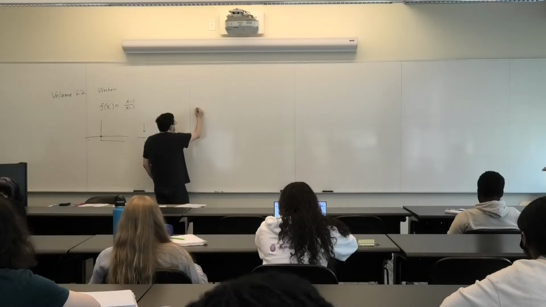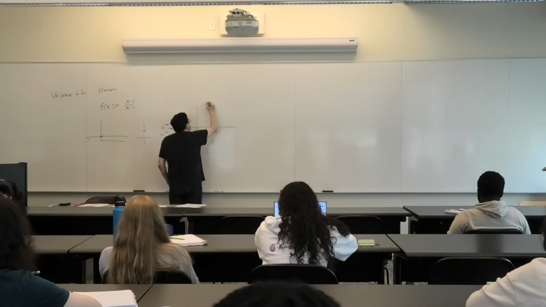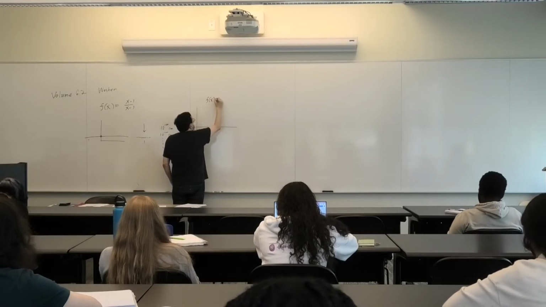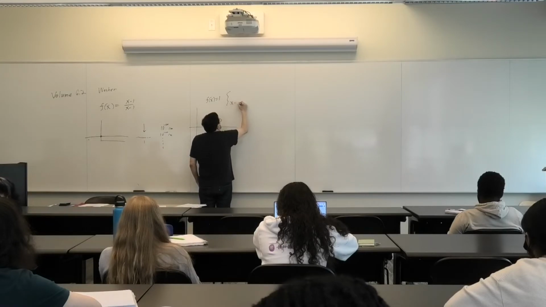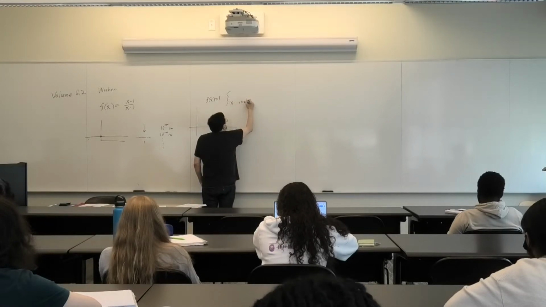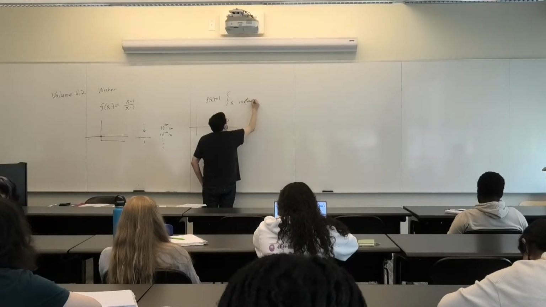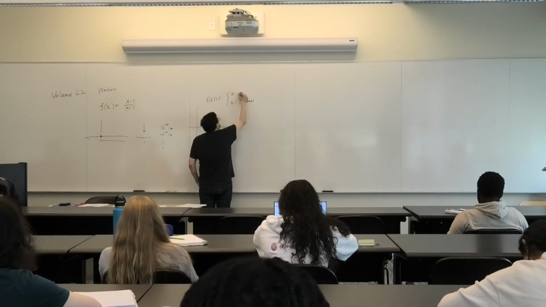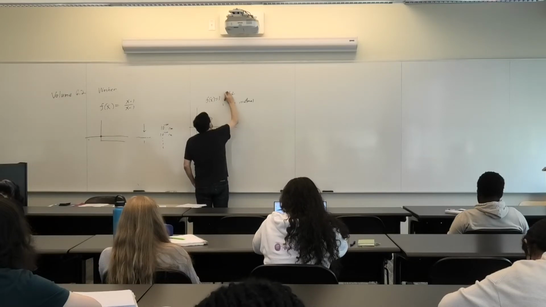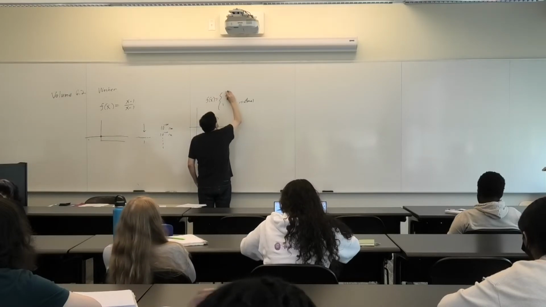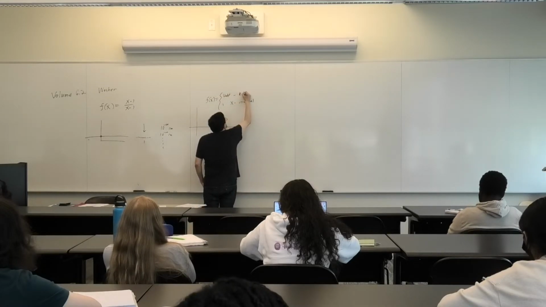What if I have a line and f of x equals 1 if x is irrational, and undefined if it's rational?